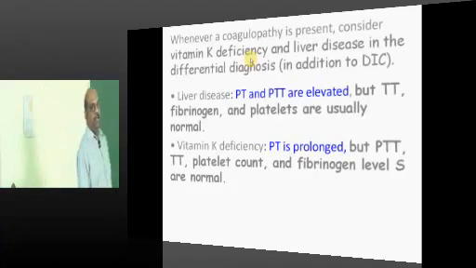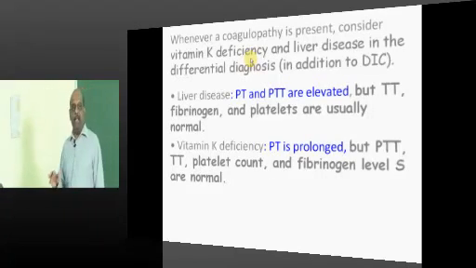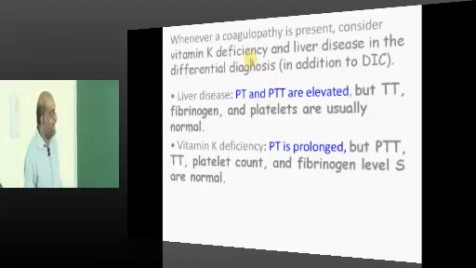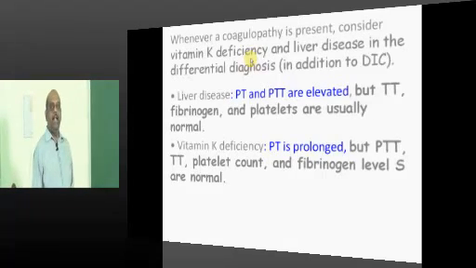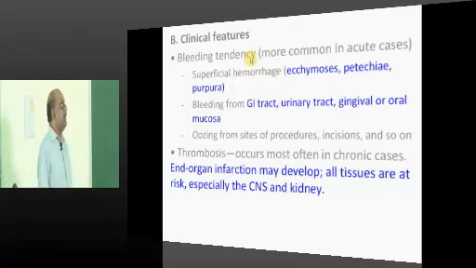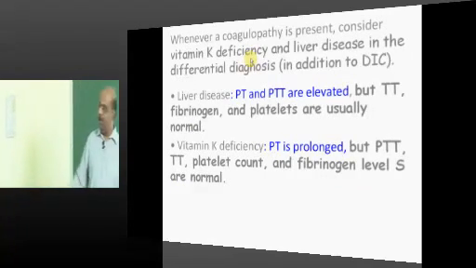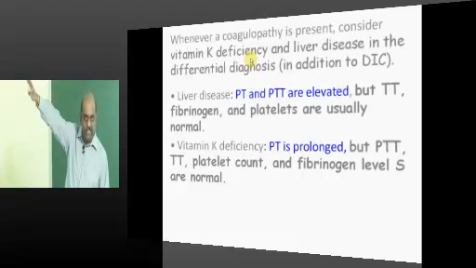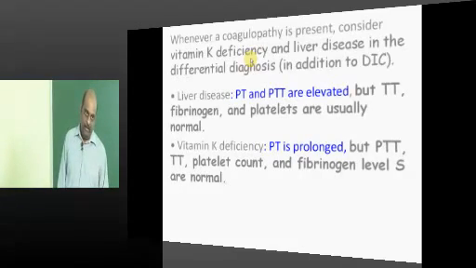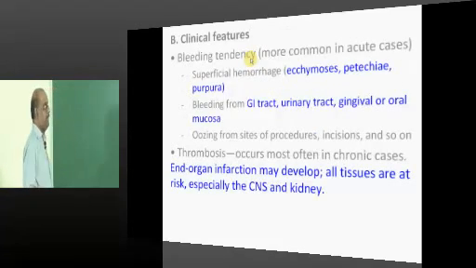Vitamin K deficiency in early stages, only PT is prolonged but APTT is still intact, and the TT, platelet count, everything is normal. All of them get affected in case of DIC: TT prolonged, PT prolonged, APTT prolonged is equal to DIC, is what you have to fundamentally appreciate.